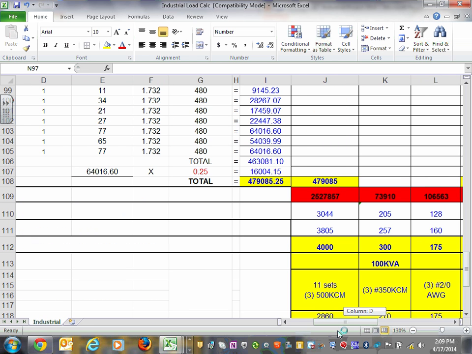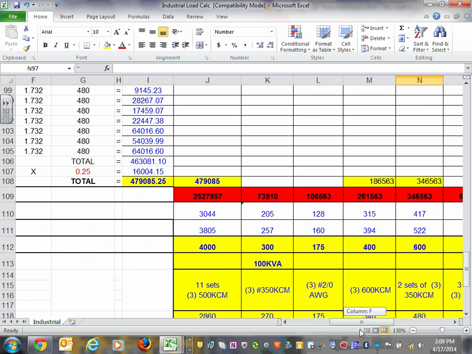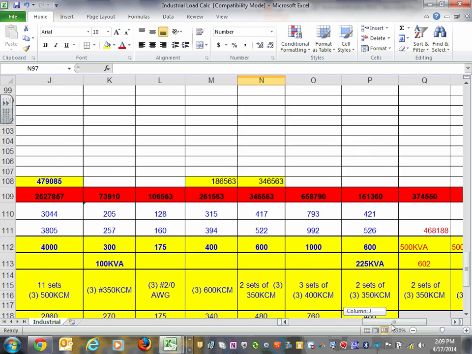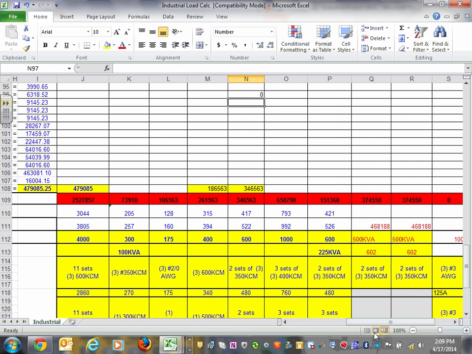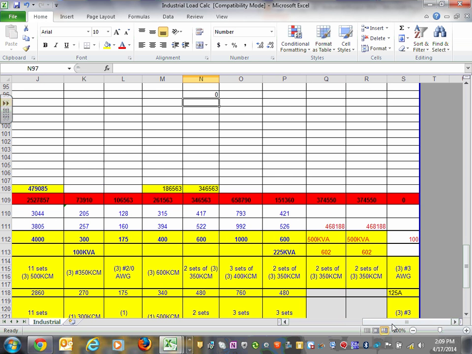And then at the end, I want to see if I can get all of them in one sheet. Here you go. So that red line at the end, we have a load of, it looks like, 2.5 meg for this building.